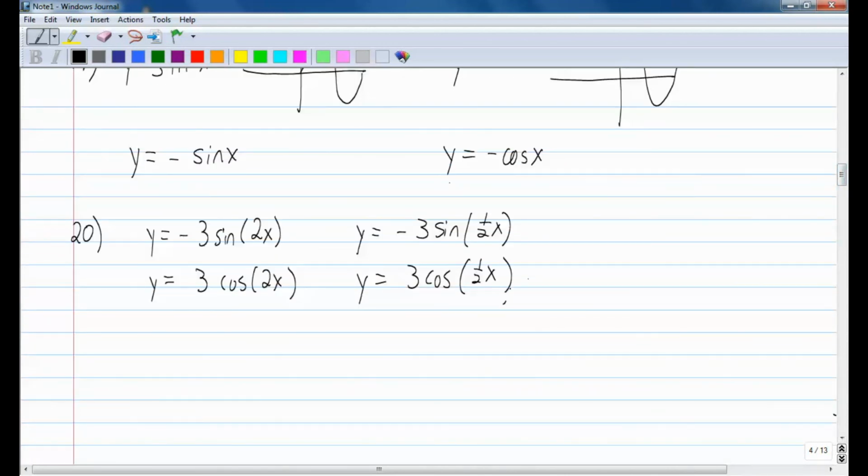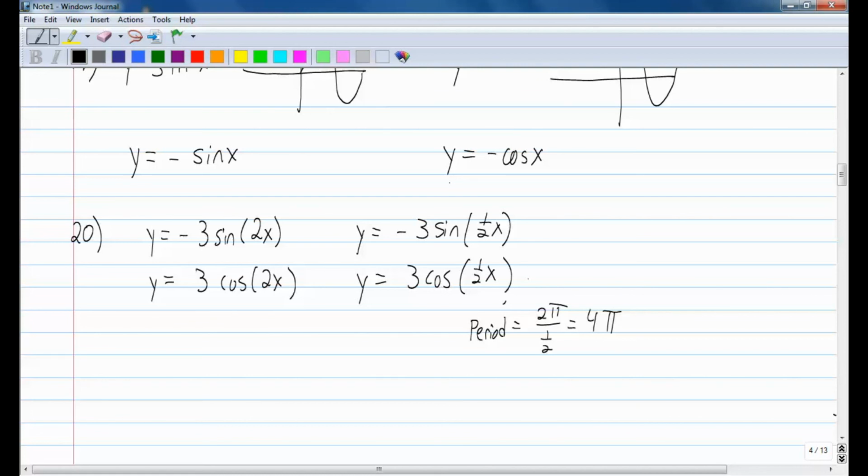So for the two with the 1/2 in front, their period, both of those, is going to be 2 pi divided by 1/2 or 4 pi. So that's going to stretch the graph tremendously. So if you draw one complete period of 4 pi, just know that, it's going to be stretched out.